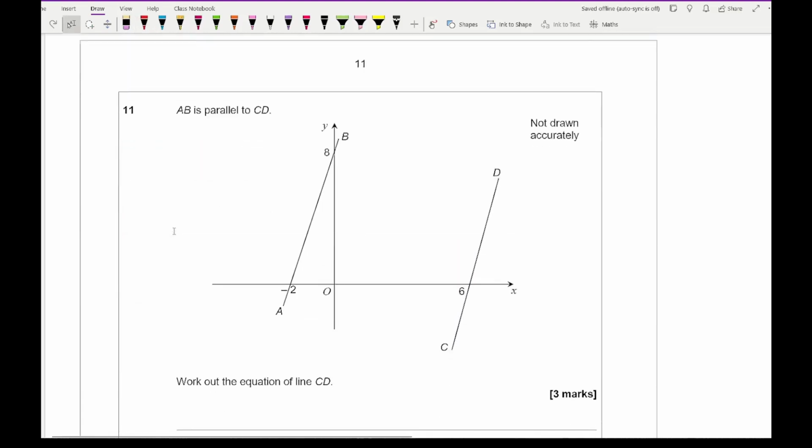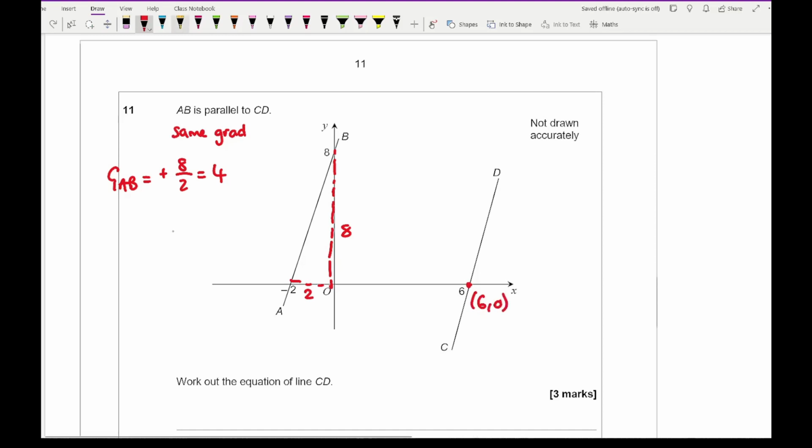Then moving on to question 11, it says AB is parallel to CD. Work out the equation of the line CD. Well, because they're parallel, that means they're going to have the same gradient. So then working out the gradient of AB, again drawing my triangle, I've got a height of 8 and a base of 2, and it's going up, so it's positive 8 over 2, which is 4. And I know that this point here is 6, 0.